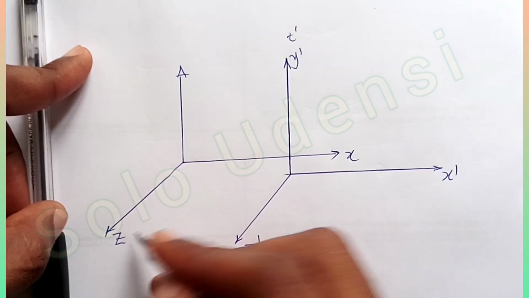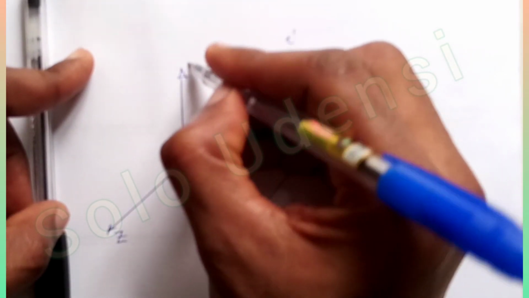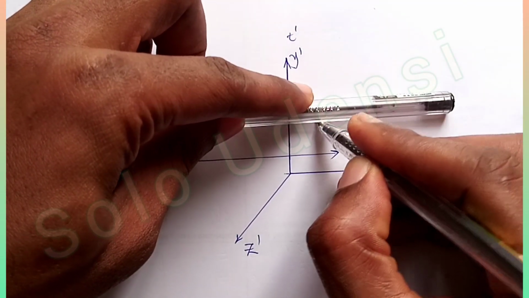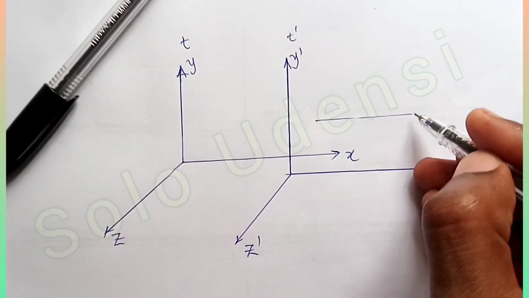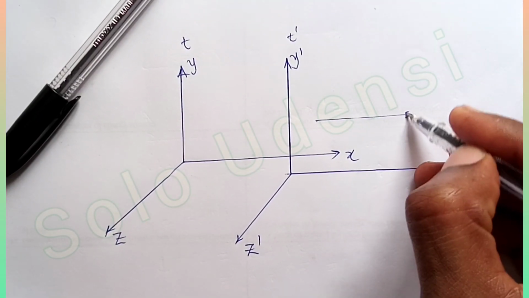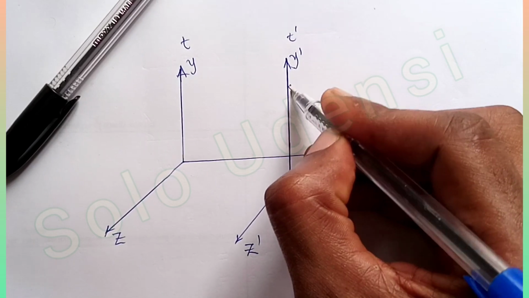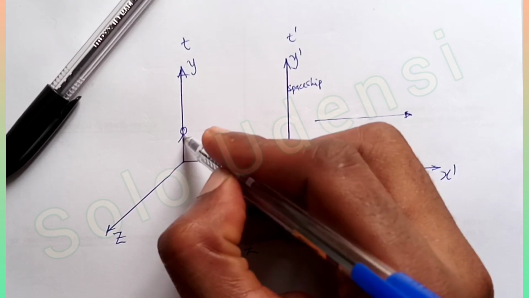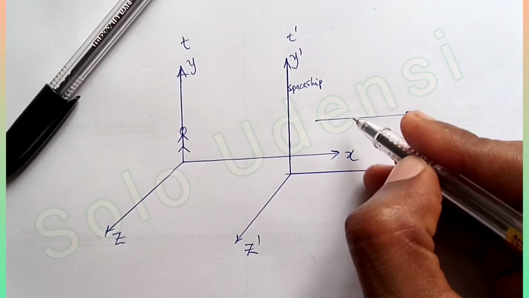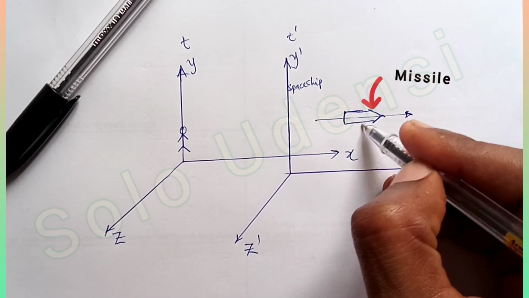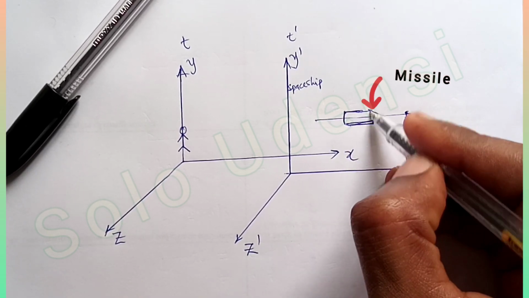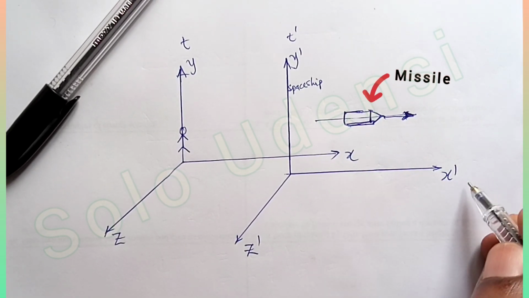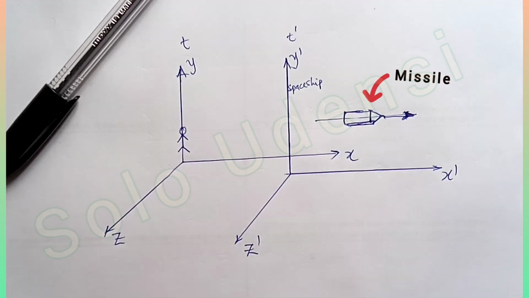X, Z, Y, T. So it fires a missile parallel to the line of motion of the spaceship. This is the spaceship. An observer is on Earth watching the spaceship. So it's moving in the positive X prime direction.